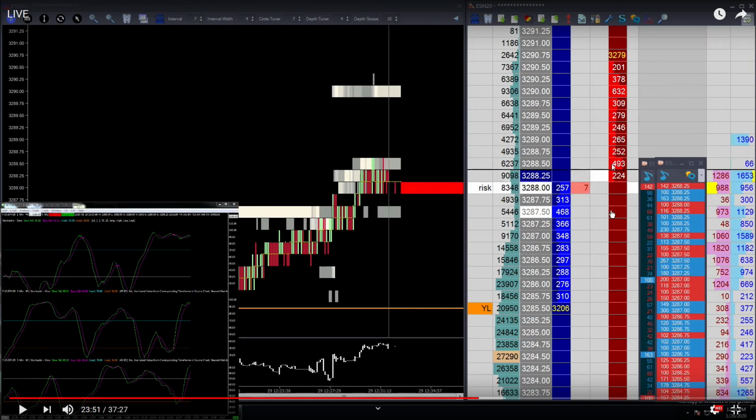And just the way we have large size sitting here and right here, with several ticks of smaller orders sitting in between these two larger orders, that right there is typically a telltale sign. Once this gets cleared out, because again, we're getting embedded in it.